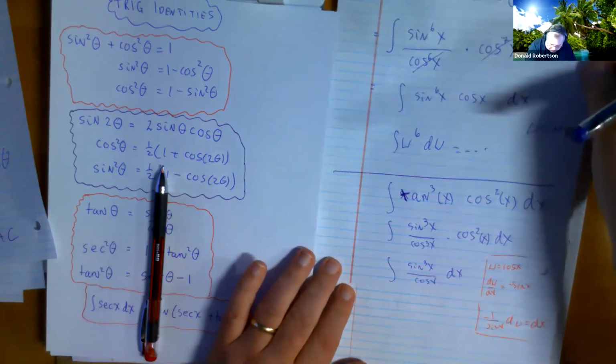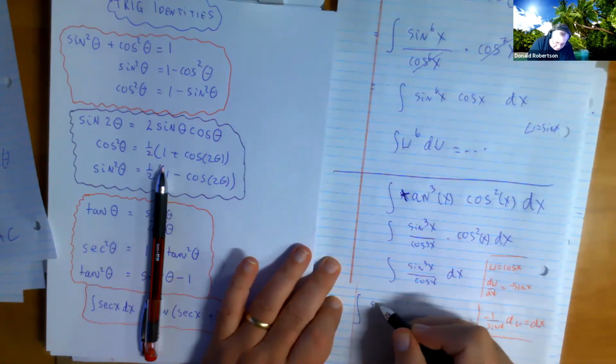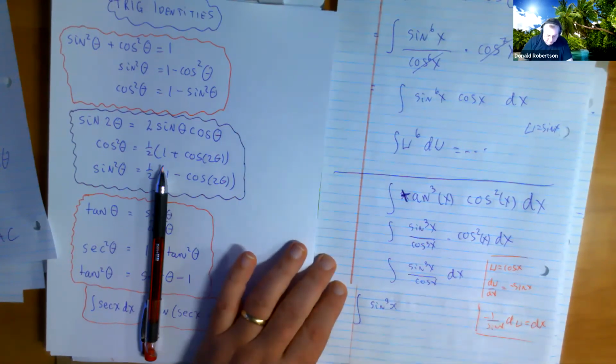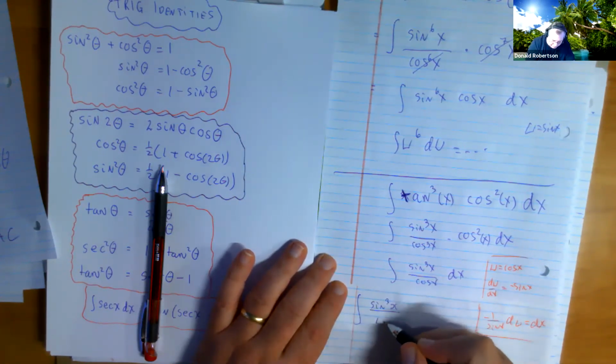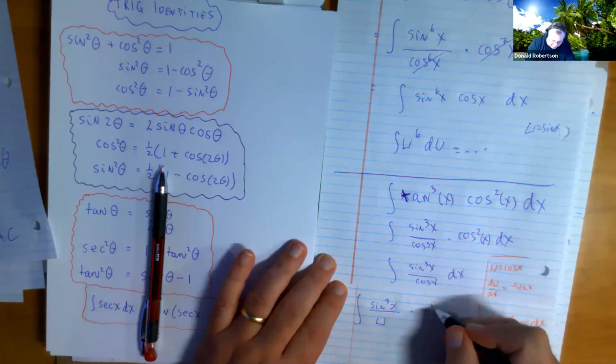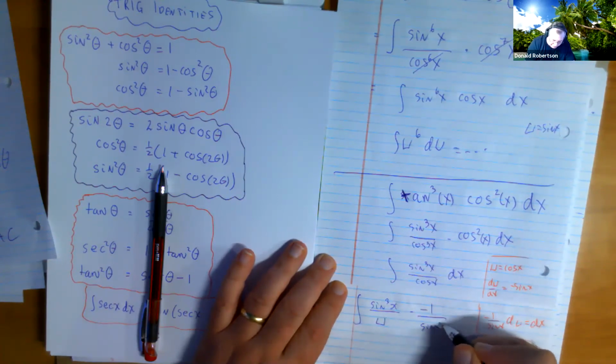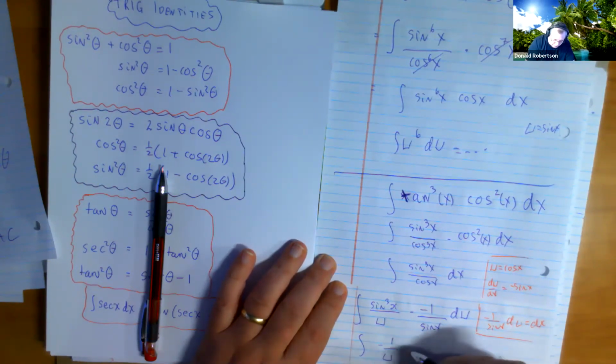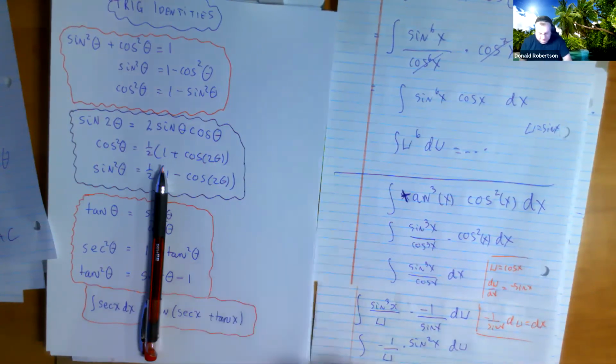So I'm going to have a rather ugly sine cubed over u times a negative 1 over sine x du. That gets me negative 1 over u with a sine squared x left over. And we know how to tackle sine squareds, don't we?